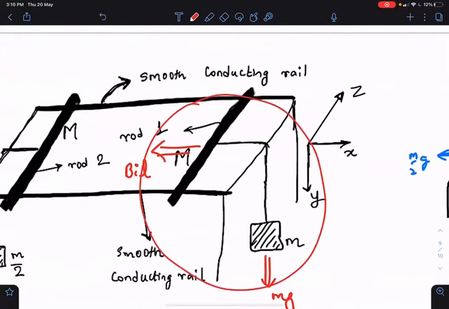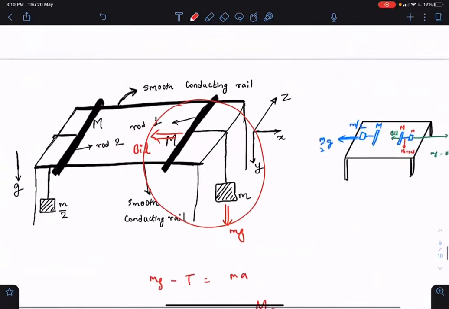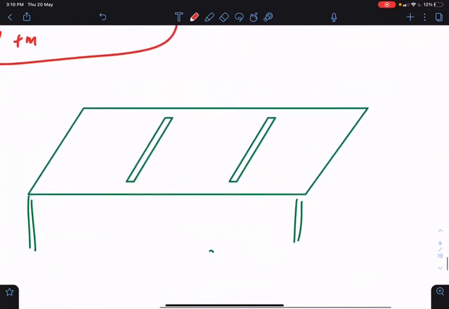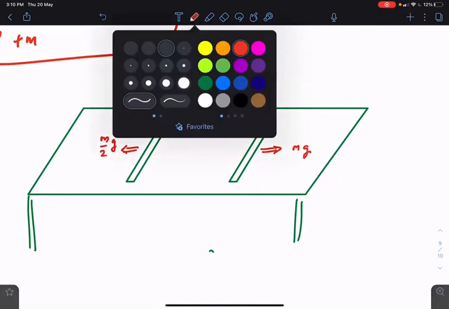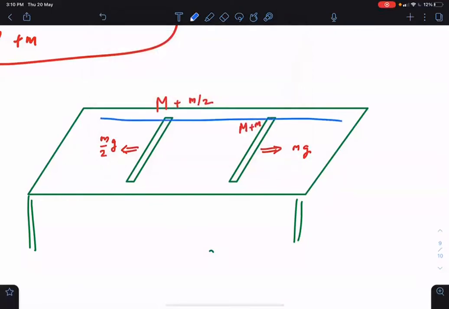So this total mass is m plus m, and the other total mass is m plus m by 2. And this force is mg, and this force is m by 2 g. And again, the same thing like rail road. So these are two rail roads.